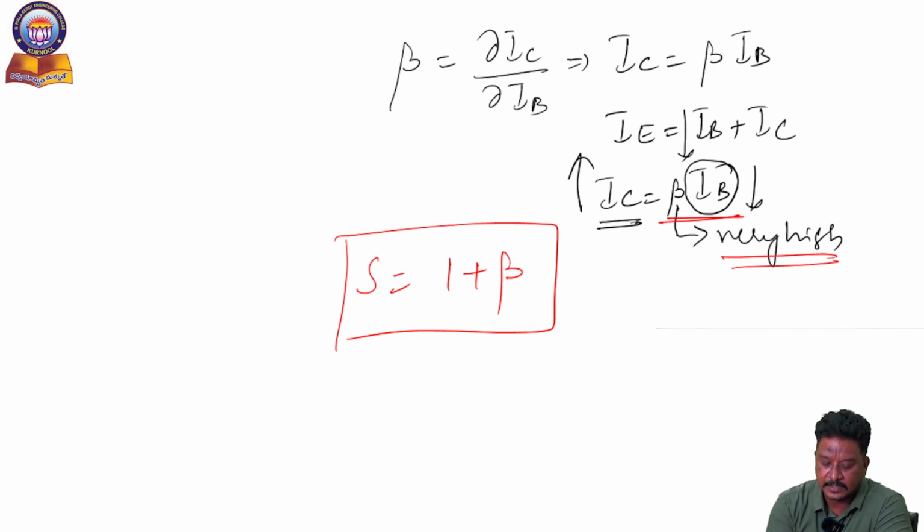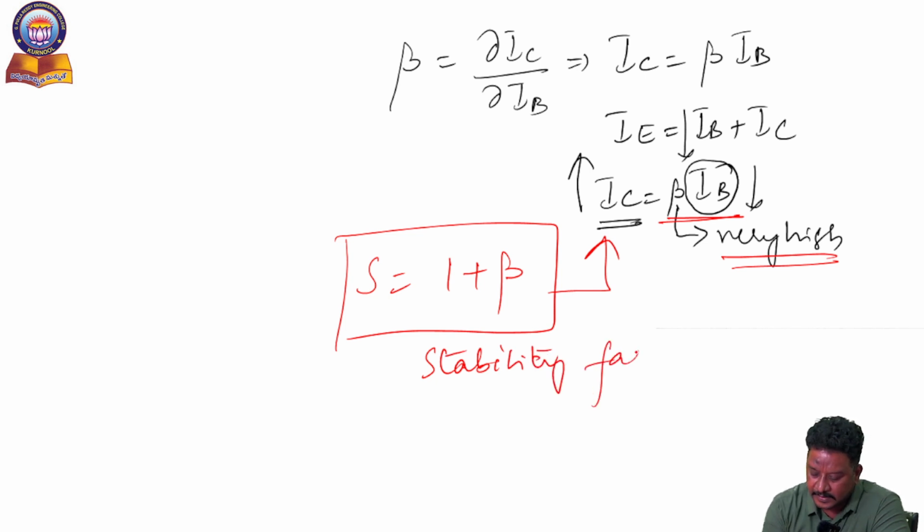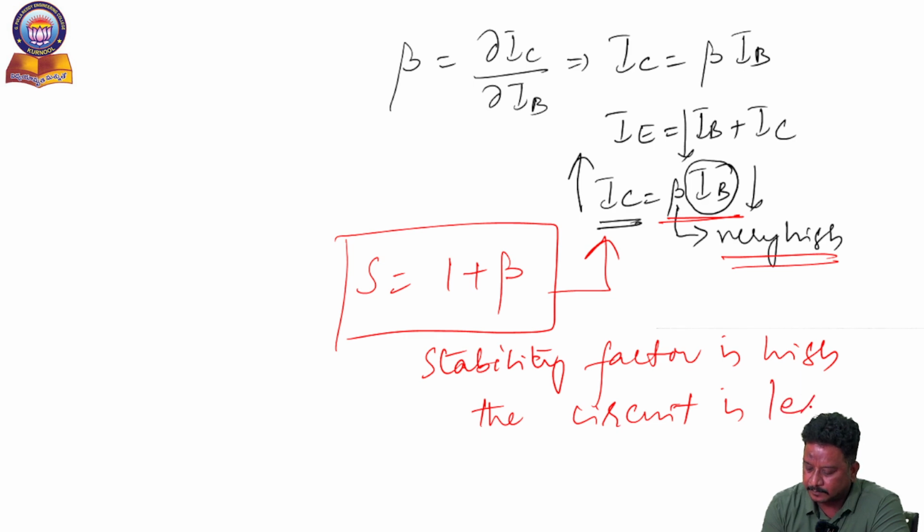That's why the stability factor overall value is very high. If the stability factor is high, then the circuit is less stable.